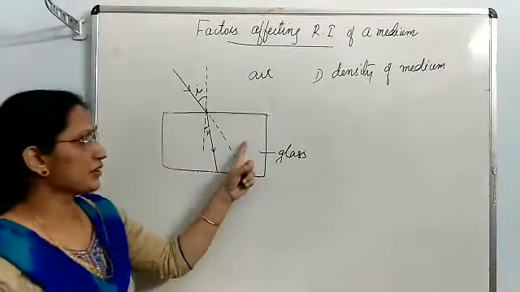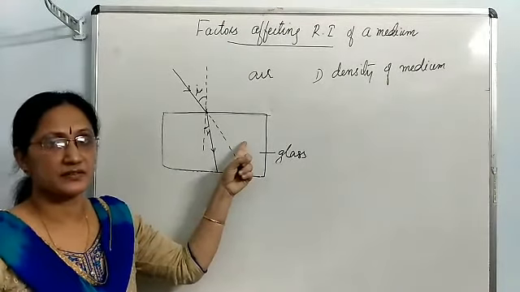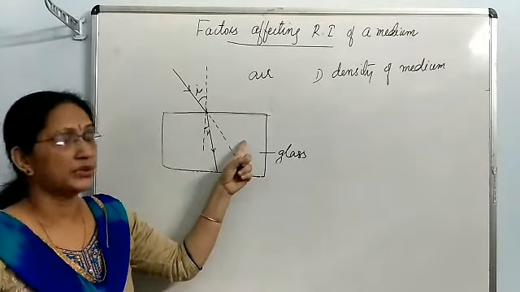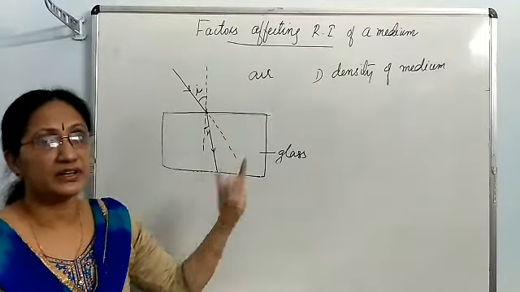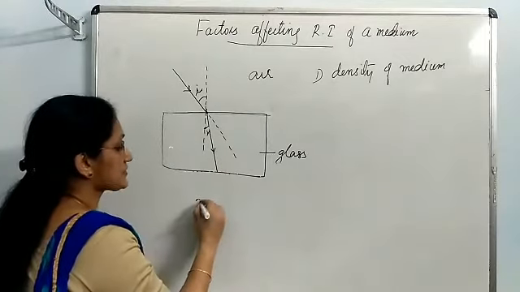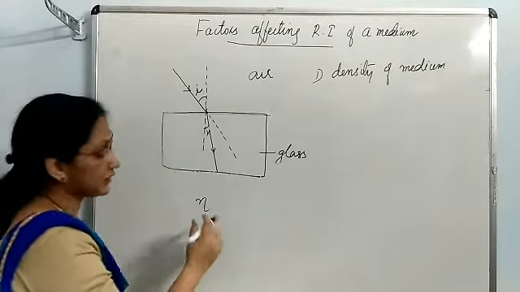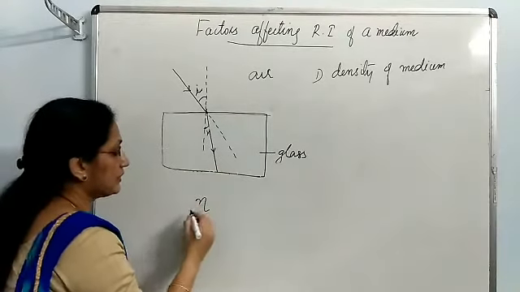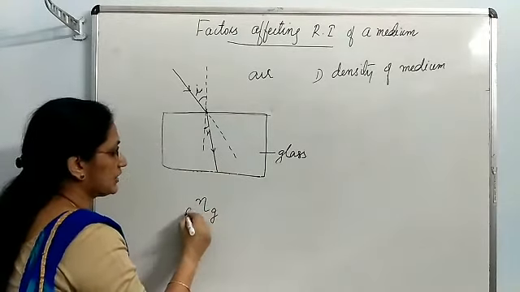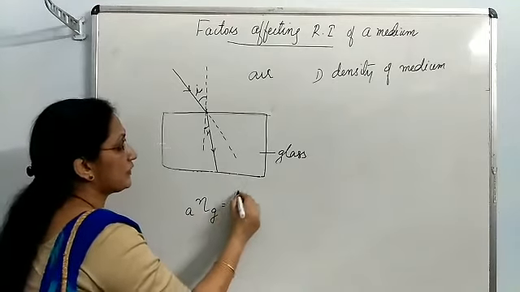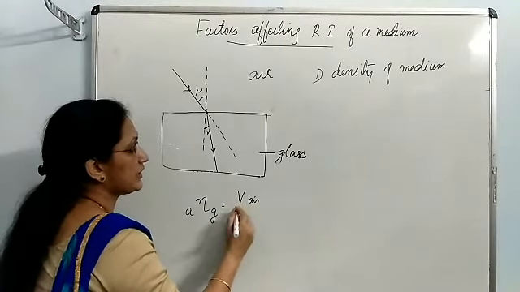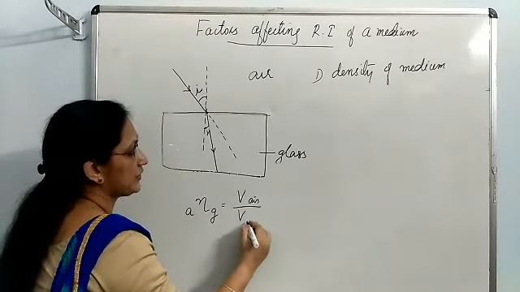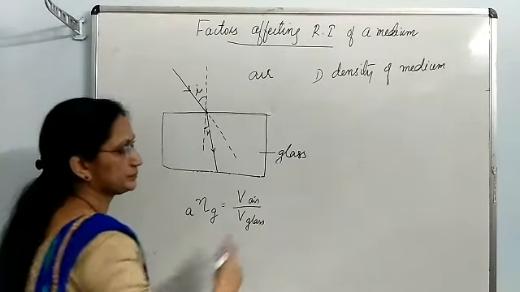If the density of the medium increases, you know, the velocity of light will decrease. The formula for refractive index, in this example refractive index of glass with respect to air, is velocity of light in first medium upon velocity of light in second medium.